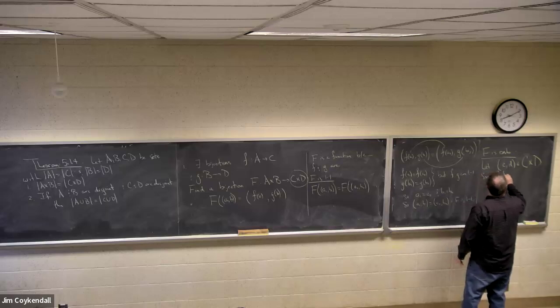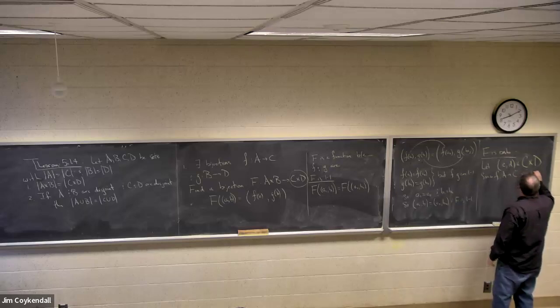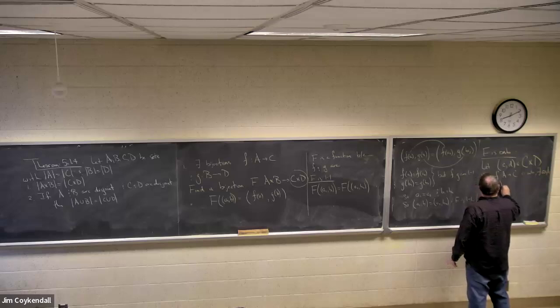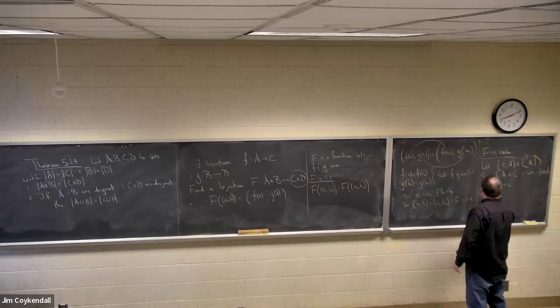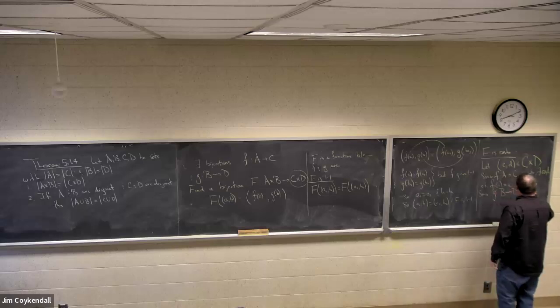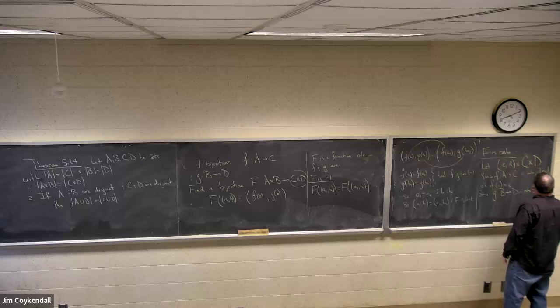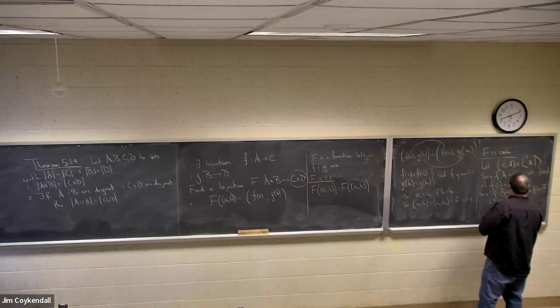Since f from A to C is onto, there exists a in A such that f of a is equal to c. And you get the same thing going on with the other one: since g from B to D is onto, there exists b in B such that g of b is equal to d.